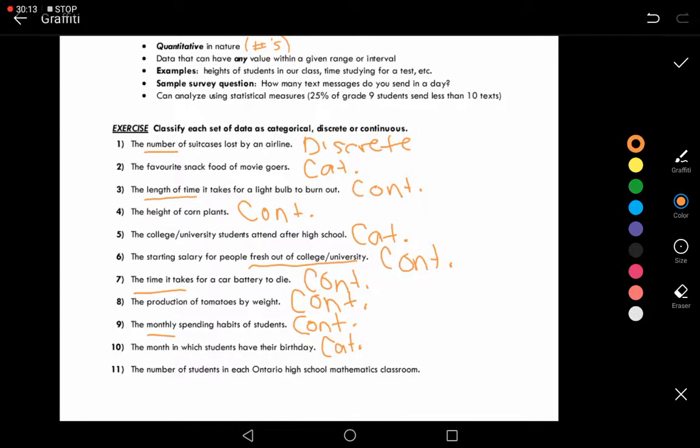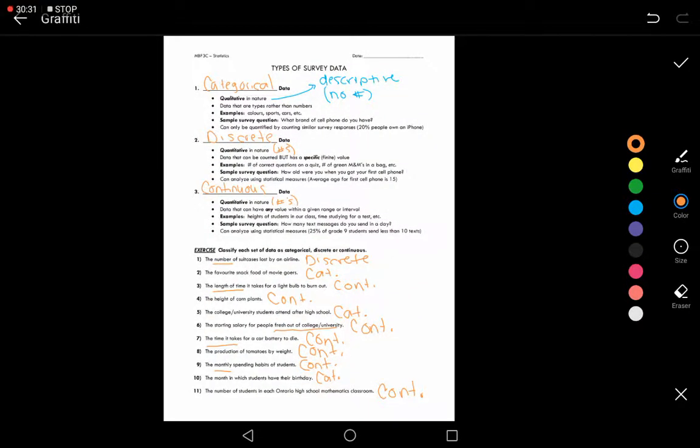That's based on how many students are in the classroom right now, which is obviously none right now, but that would also be continuous because that is going to change over time. Okay, so this is the end of the first note of Unit 4, which is on statistics.